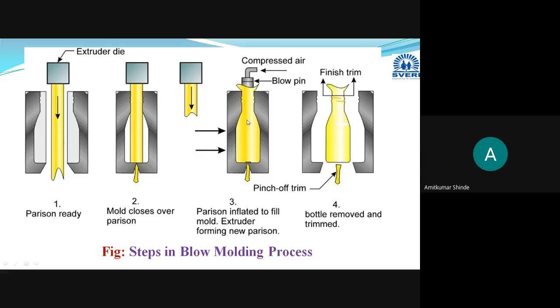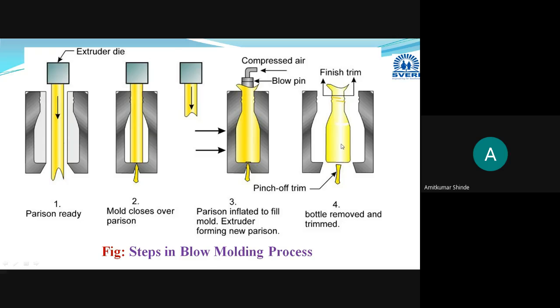The compressed air enters the tube, pressure is created, and the parison is pressed against the walls of the mold cavity, so the parison tube acquires the shape of that mold cavity. Then you have to provide some time for cooling. After the cooling process, in the last or fourth stage, you remove the mold cavity parts, and you end up with your product.